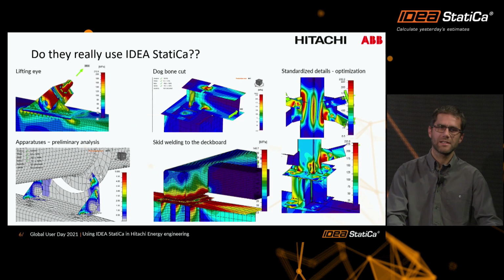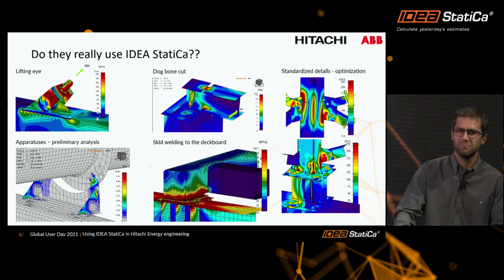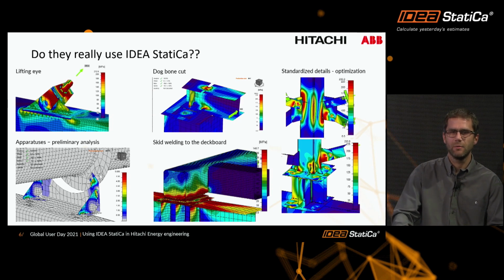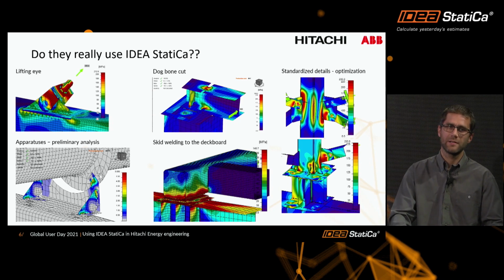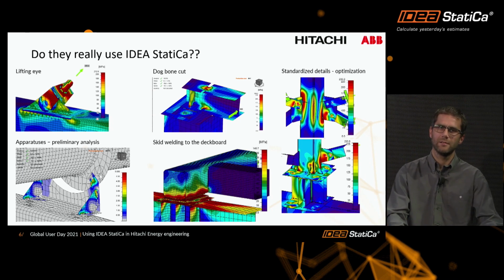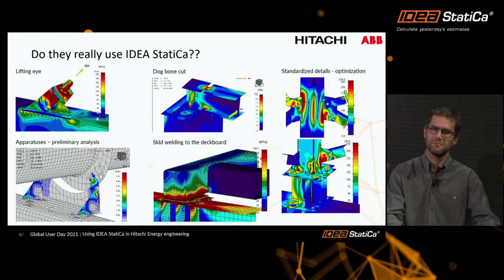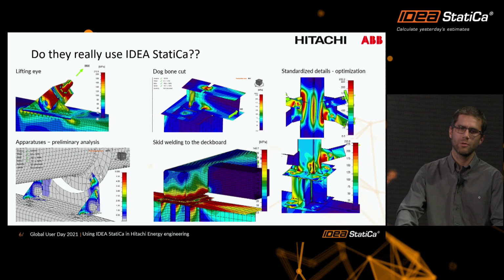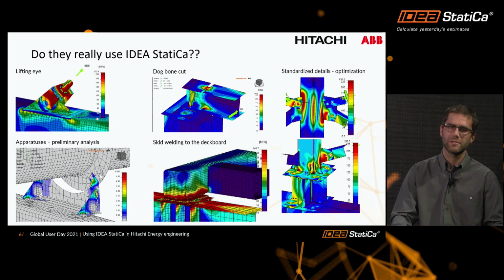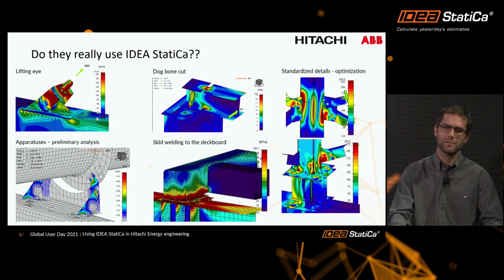There are a few examples of models provided. I will start from the left upper corner. There is a lifting lug. I will discuss this later on in the following slides. Then there is a hinge detail, or plastic hinge detail, the so-called dog bone, which helped us to reduce forces in the anchors or in the bolts underneath.